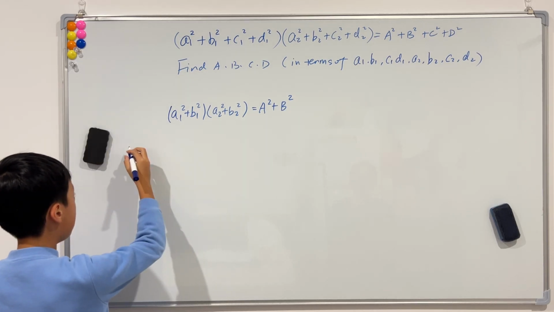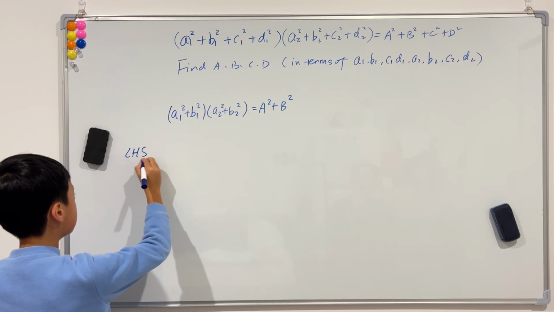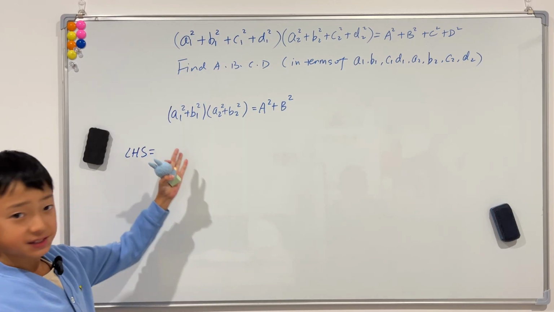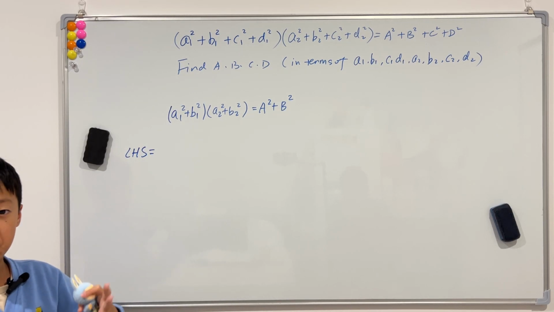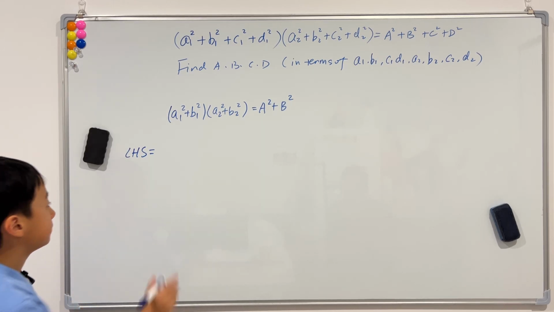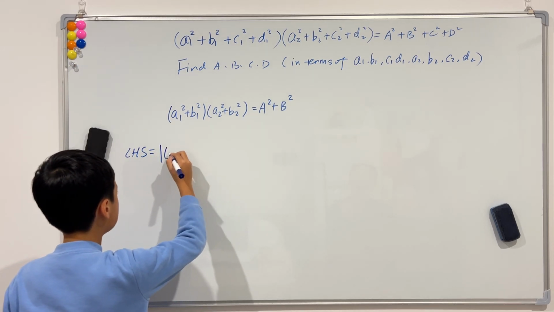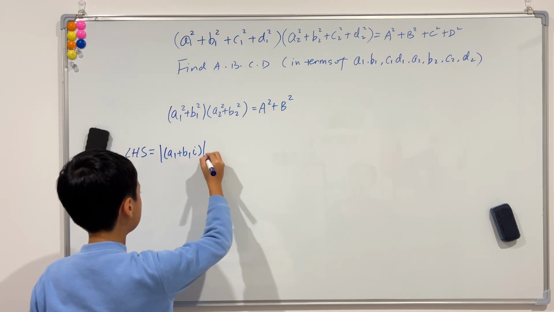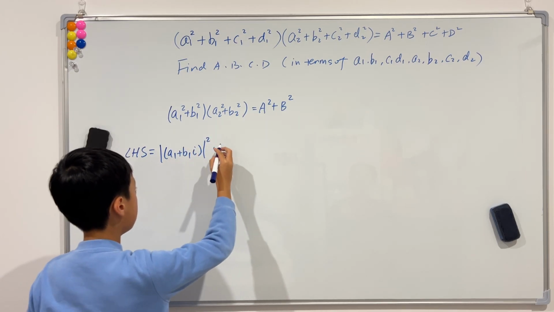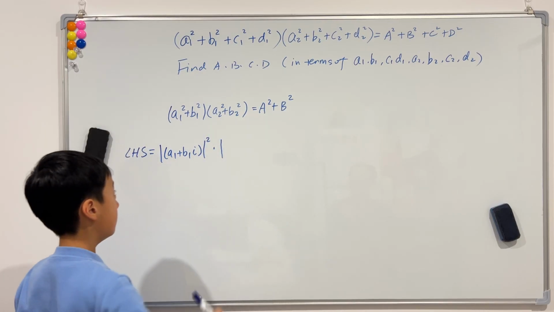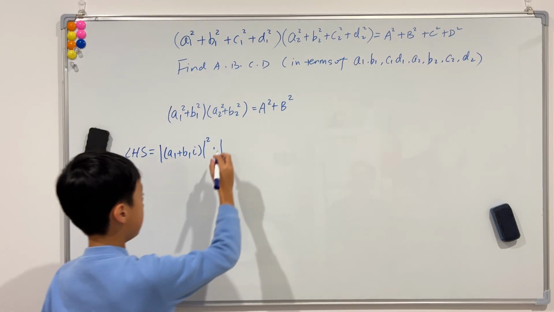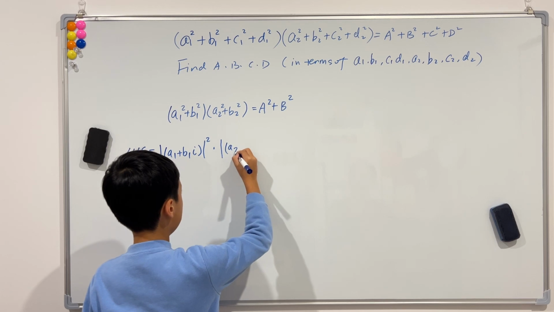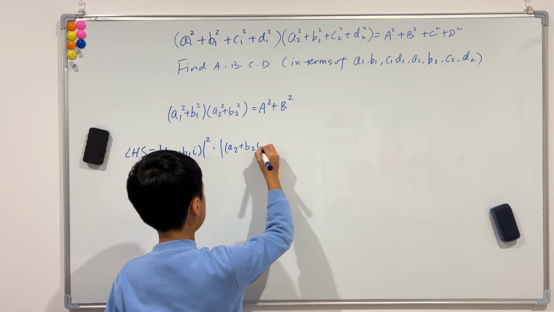So the left-hand side becomes the modulus of a1 plus b1i, squared, and then multiplied by, with the same logic, the modulus of a2 plus b2i, squared.